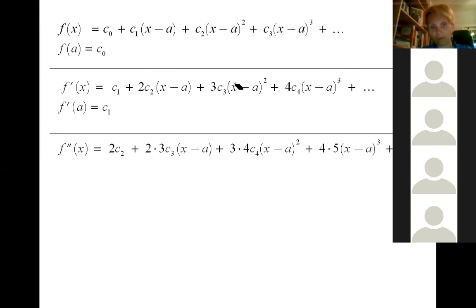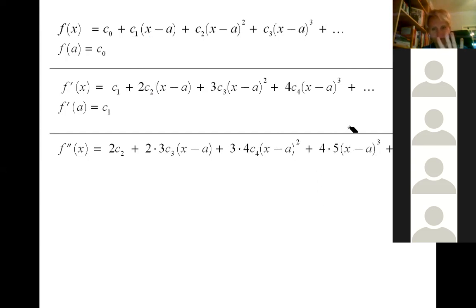We have 3 times x to the power of 2, whose derivative is 2x, just copying the existing constant. X to the power of 3 is 3x squared, keeping 4 c sub 4. And then the same thing: x to the power of 4 gives 4x to the power of 3, and I think 5 was here.